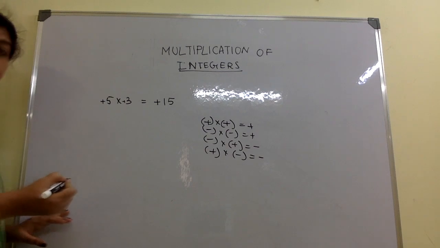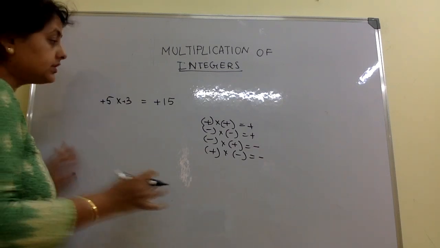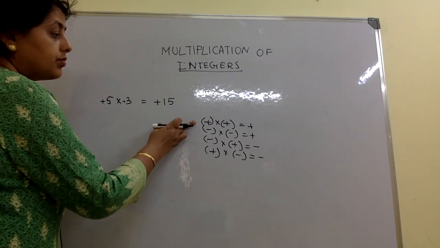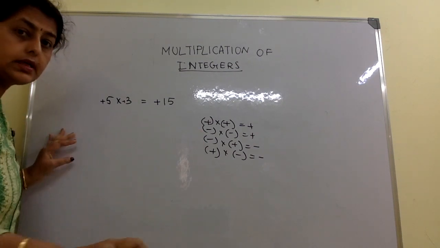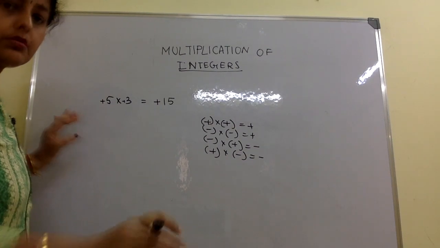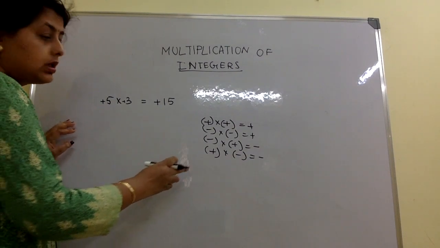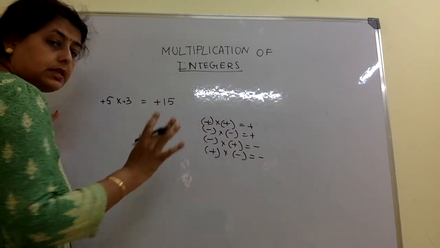So plus into plus is plus, minus into minus is plus, minus into plus is minus, and plus into minus is minus.